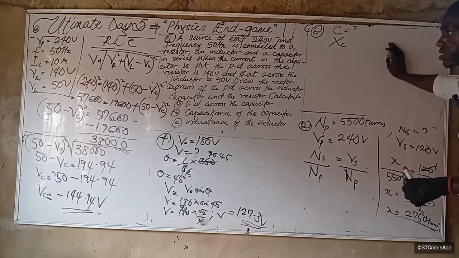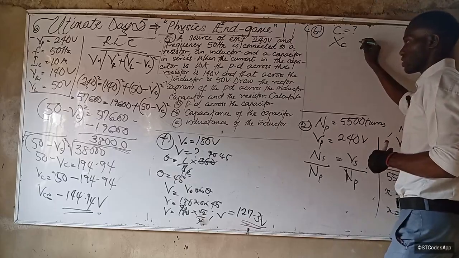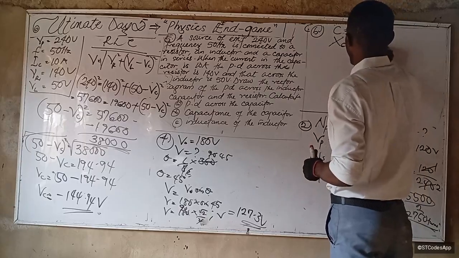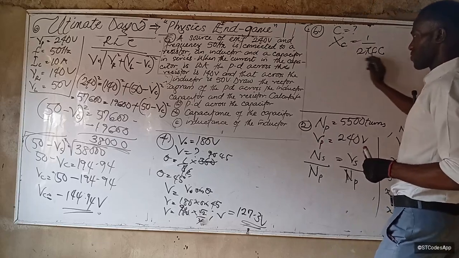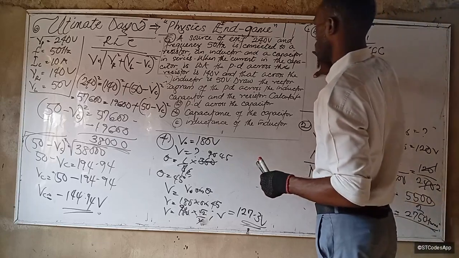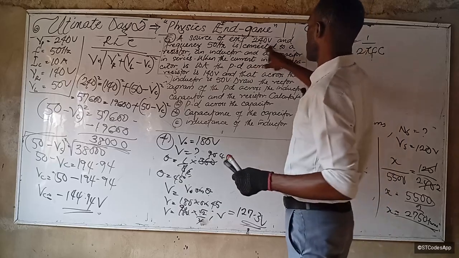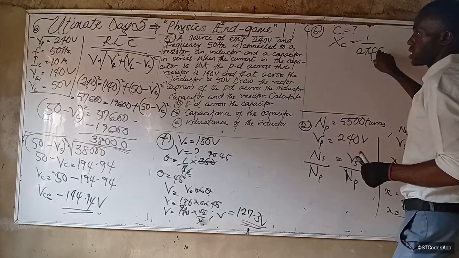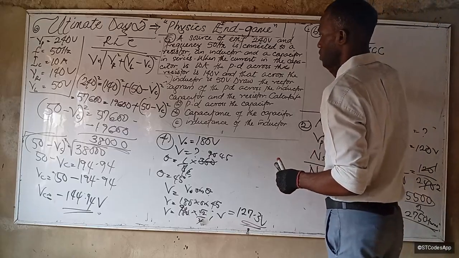Capacitive reactance is equal to 1 over 2 pi F C. What's the frequency? 50 hertz. But we are not given C, and neither are we given X sub C.